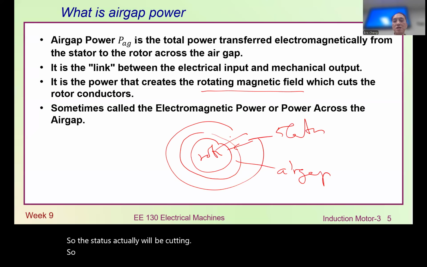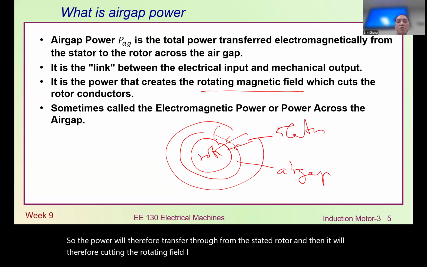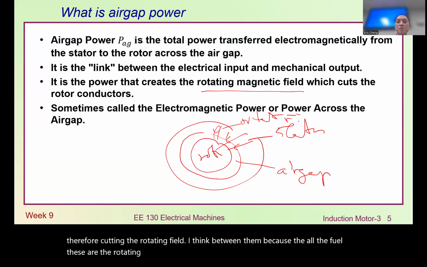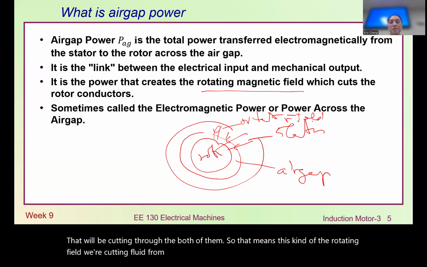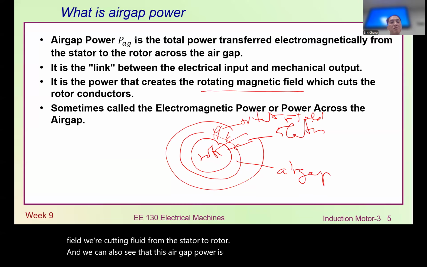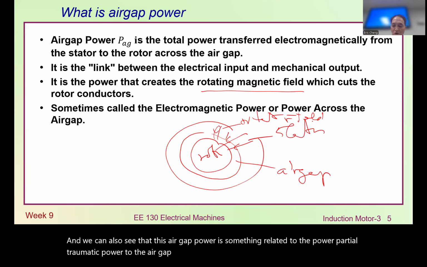The power therefore transfers from the stator to the rotor, and the rotating field cuts through both of them, from the stator to the rotor. We can also see that the air gap power is related to the electromagnetic power passing through the air gap. Later on, we will show you more detail about the air gap power.